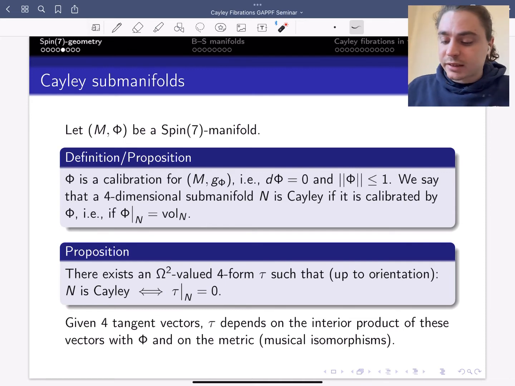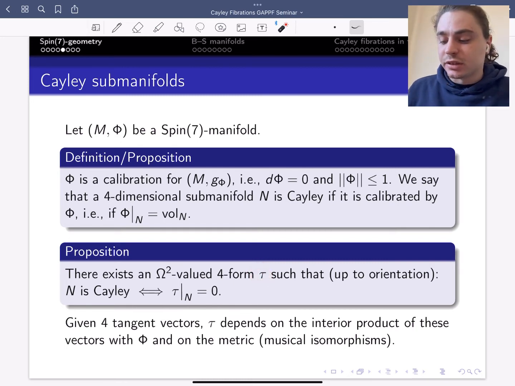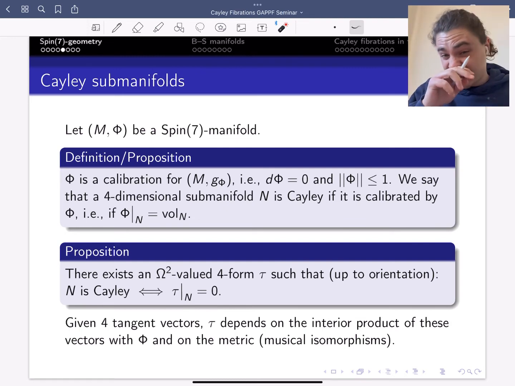It means that we have a global tau which takes four vectors and spits back a two-form, and when we restrict this to a Cayley submanifold, it is 0.